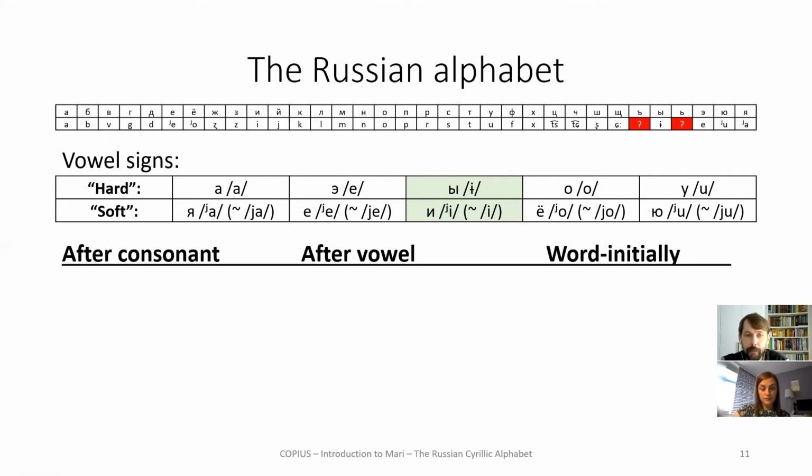But basically, the choice of the soft vowel sign means that the preceding consonant, if there is a consonant before it, is palatalized, and this is very common and widespread in Russian. If you have a consonant followed by the soft vowel sign, that consonant is palatalized.